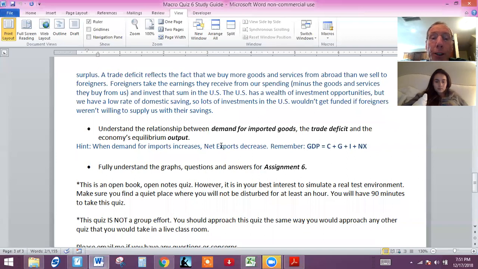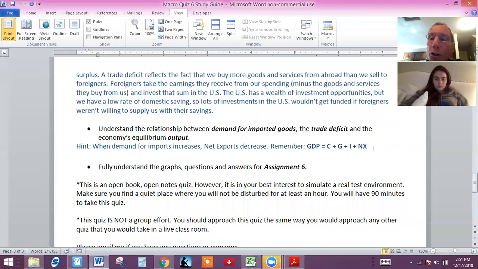And this is simple. When we demand more imported goods, that means that net exports decreases. Because once again, I've said it over and over, net exports is exports minus imports.